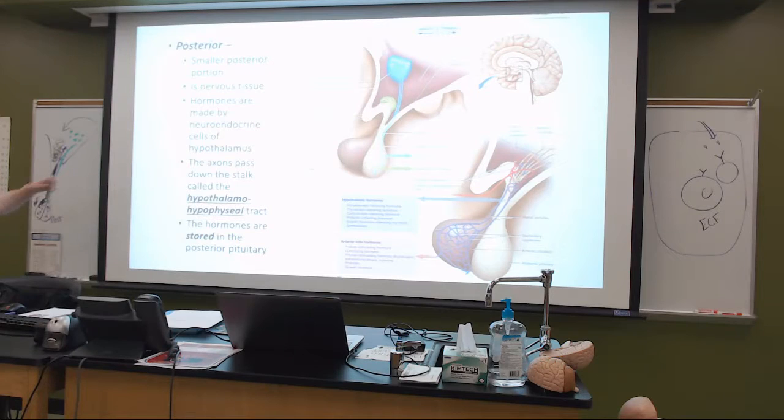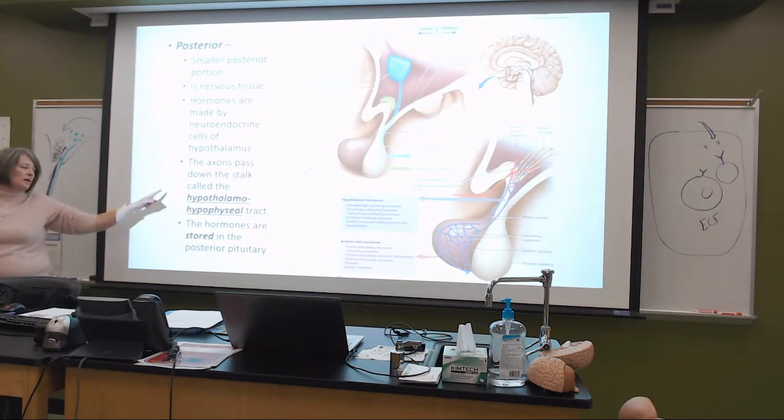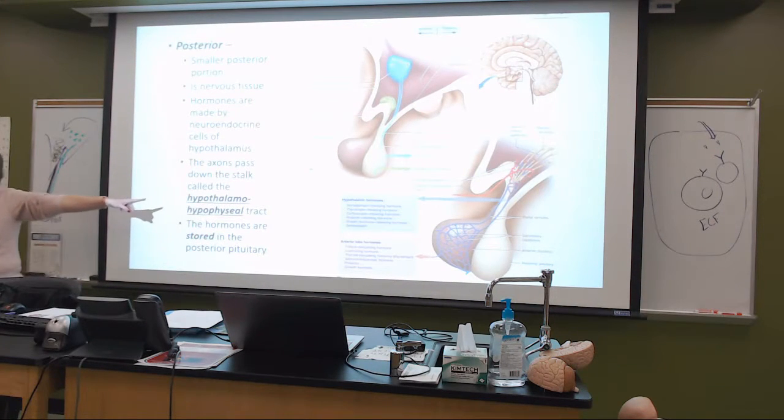So those axons pass down the stalk, and this one is called my hypothalamo-hypophyseal tract. Tract letting us know nerve fibers. Yes, no, maybe?